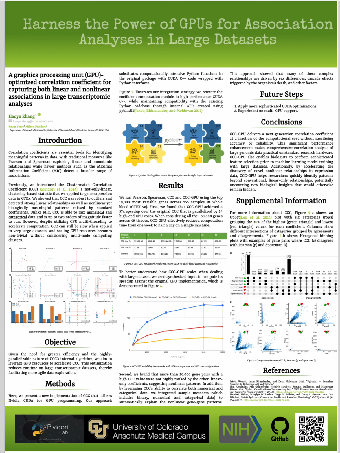Then we benchmarked CCC GPU using the input I just talked about, comparing with the runtime of the original CCC using different number of CPU threads as a reference. From figure 3, we can see that when we're using only one core for the CPU version of CCC, we achieve like a 1000x speed up, which is great.